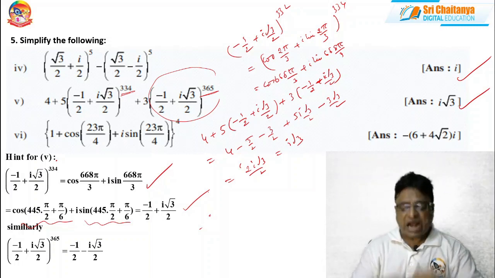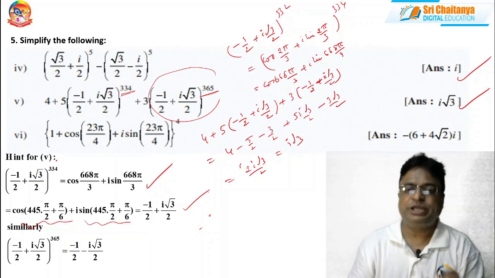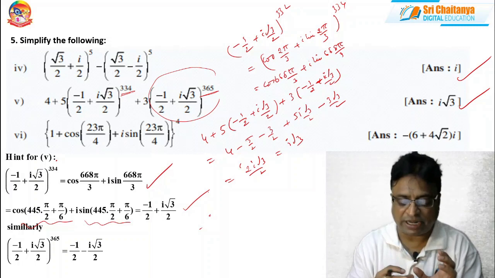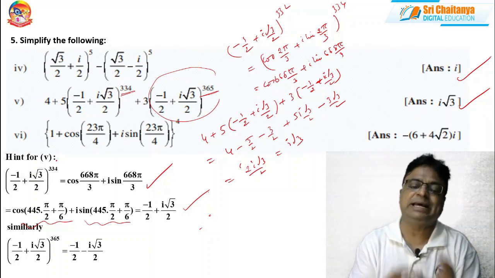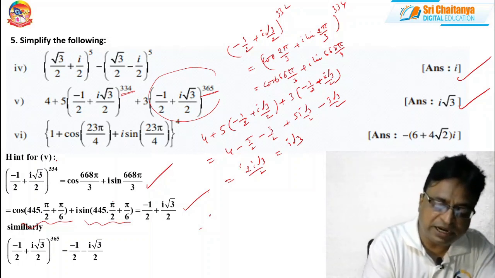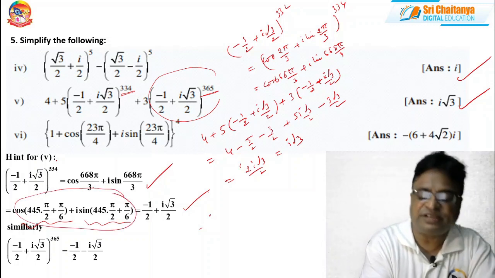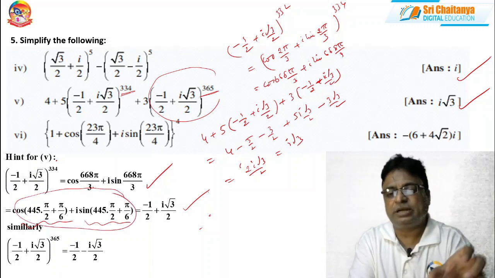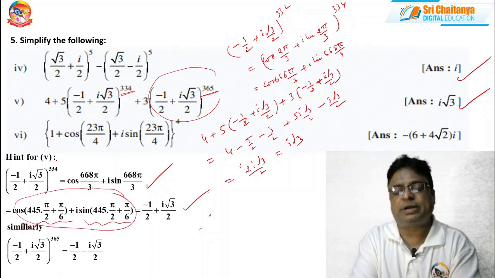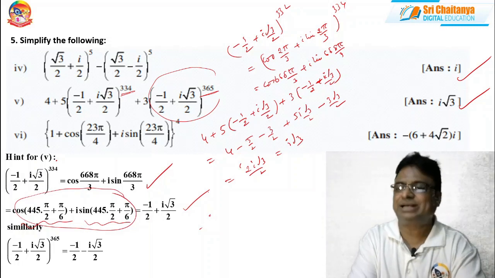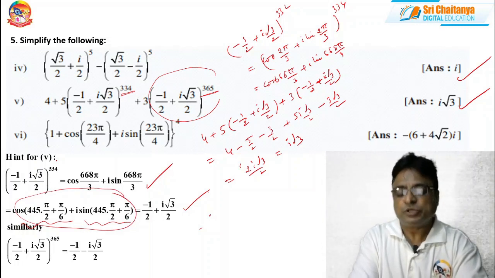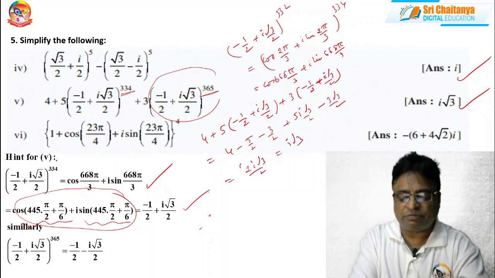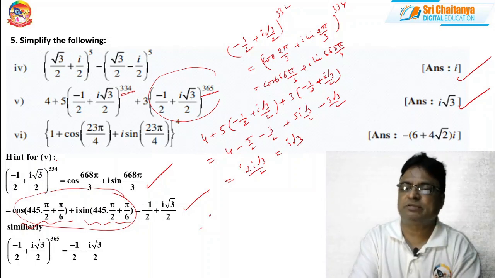Clear? My suggestion is that please get familiarity with the conversion of these things, because in trigonometric compound angles we have practiced this kind of problem. If you have thoroughly mastered those problems, then solving this kind of problem won't take much time.